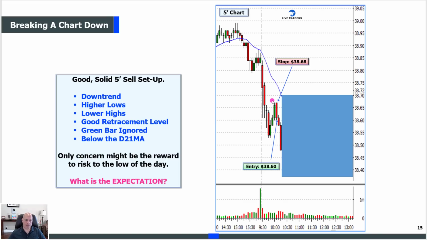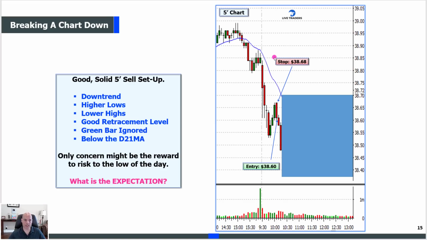I want you to think about it. If this thing retraces too much, what does that tell us? When I say retracement, I mean back up. If this stock goes back up to 38.85, what does that tell us? The buyers are stronger than we thought. It's bullish. We don't want the buyers to be strong. We're trying to short this stock. We want it to go lower.